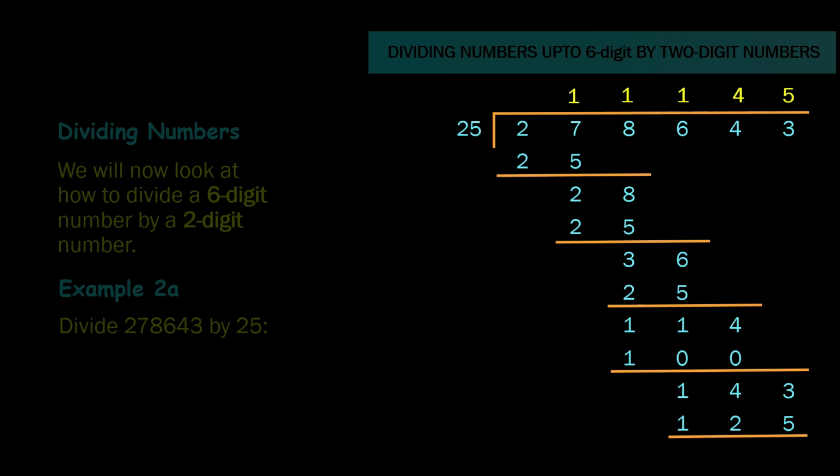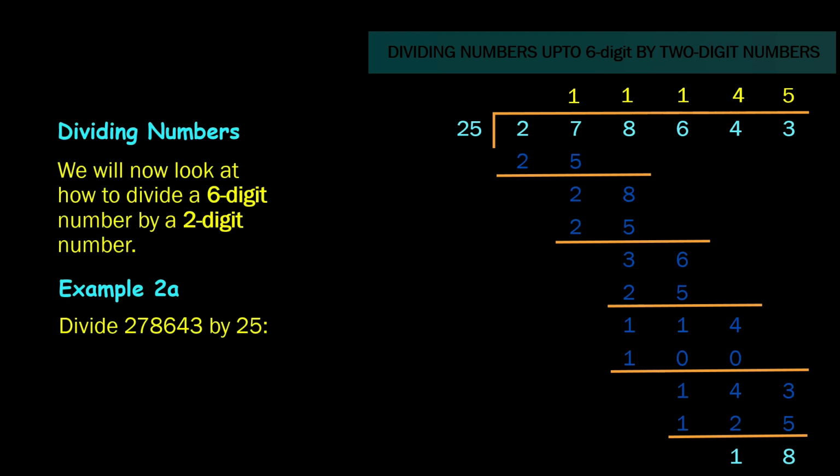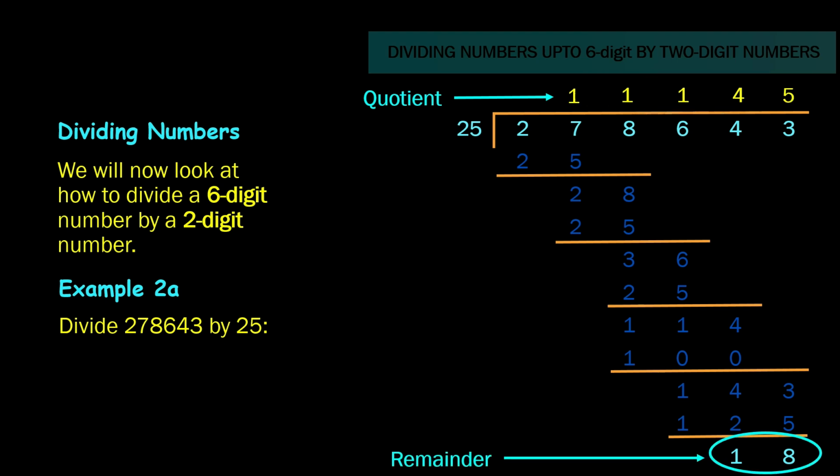Now subtract 125 from 143 to give 18. So dividing 278,643 by 25 gives us 11,145, which is the quotient in our example. Remainder 18.